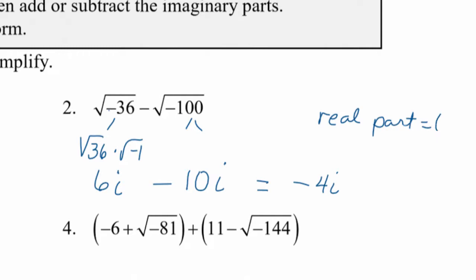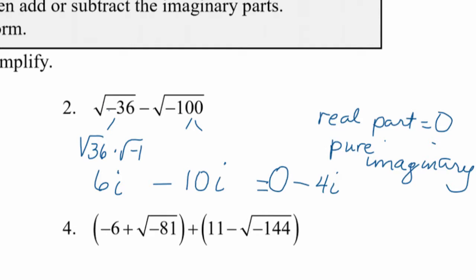When you have that single i term, we call these pure imaginary numbers, because the real part is 0. It's like an invisible 0 that's here.